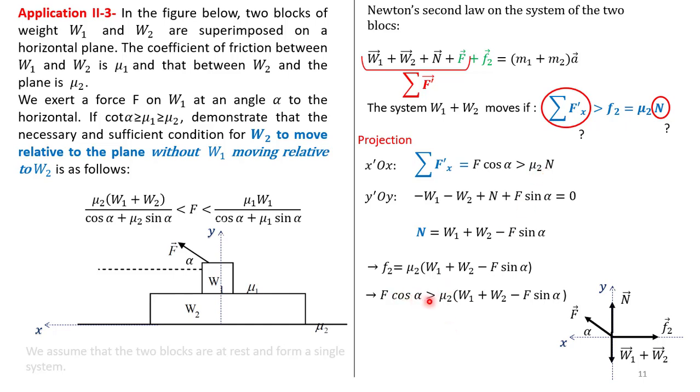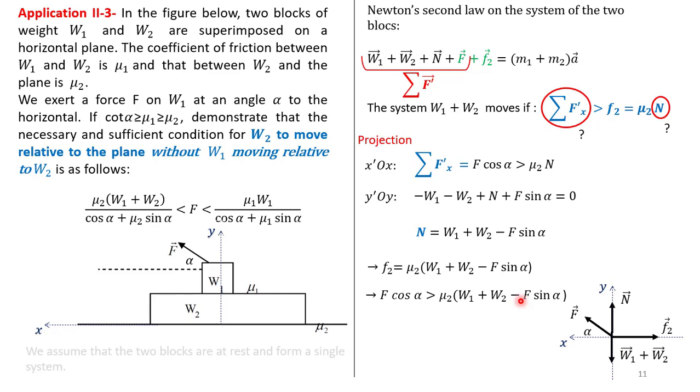So f cosine alpha is greater than mu2 times (W1 plus W2 minus f sine alpha). Now let's notice that f figures in this term, in f cosine alpha, and it also figures in this term.